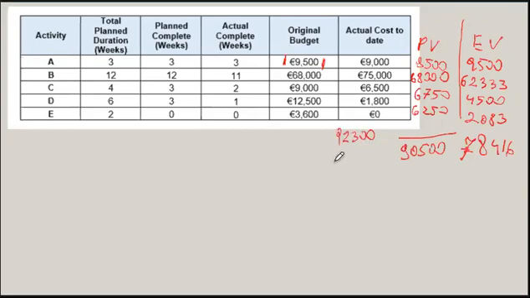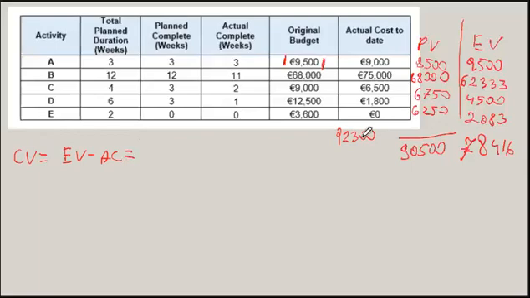Okay, so now I have the 3 quantities that I require to find the cost variance. Cost variance, CV, is earned value minus actual cost. In this case, earned value 78,416 minus actual cost 92,300.